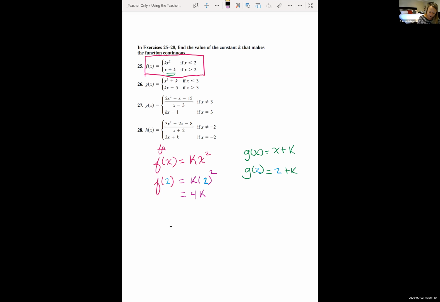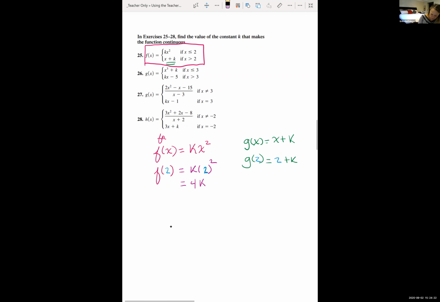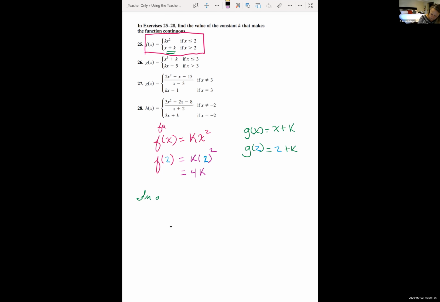So in order for f of x equals kx squared if x is less than or equal to 2, or k plus x plus k if x is greater than 2, to be continuous at x equals 2, we know that these two equations have to equal each other.